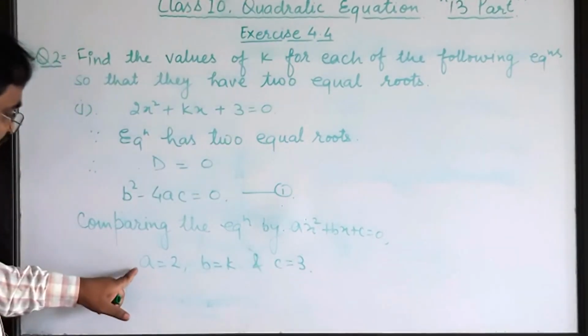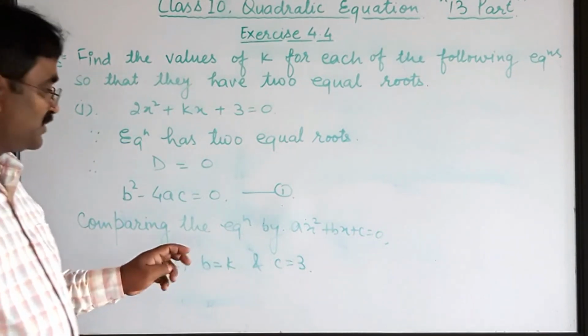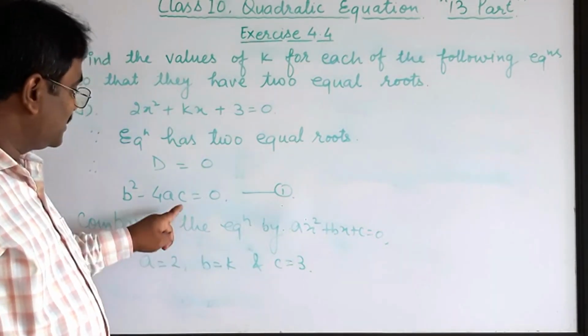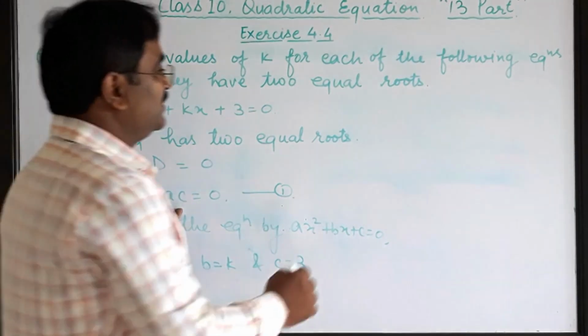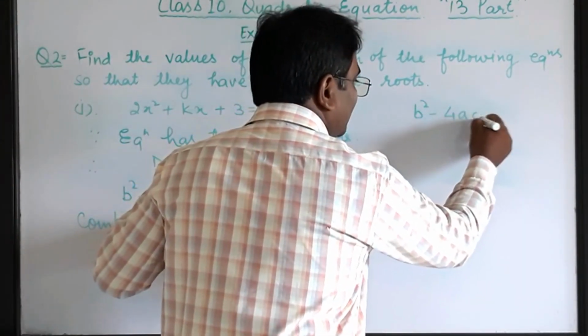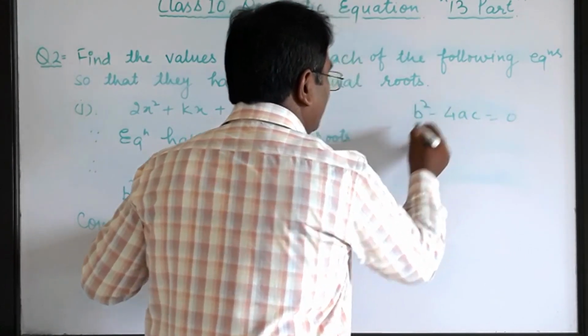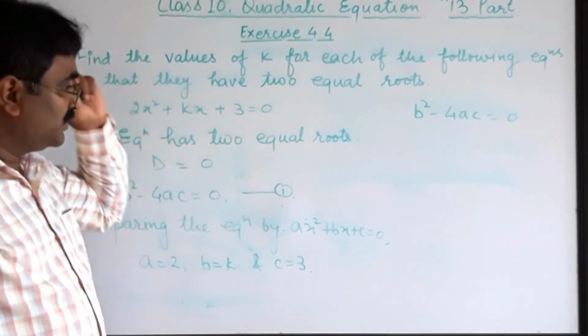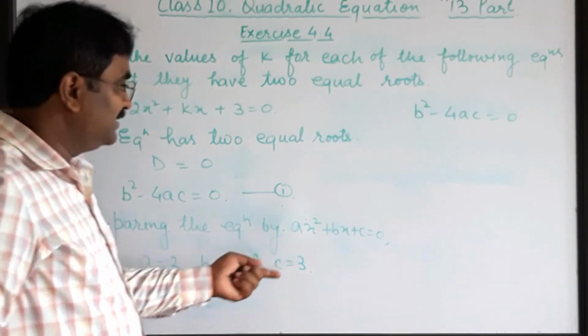After getting the values of a, b and c, we have to substitute these values in equation number 1. So as you have b square minus 4ac equals to 0, for the equation has two equal roots. Now substitute the values of a, b and c.